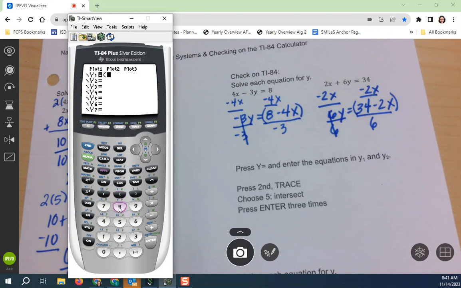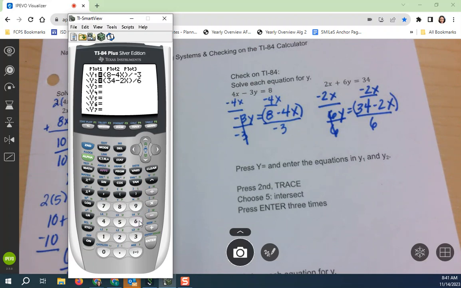So parentheses 8 minus 4x. Close parentheses and then divided. And remember, the negative is different from the minus. The negative's down here. And then I'm going to enter the second one. Parentheses 34 minus 2x. Close parentheses, divided by 6.